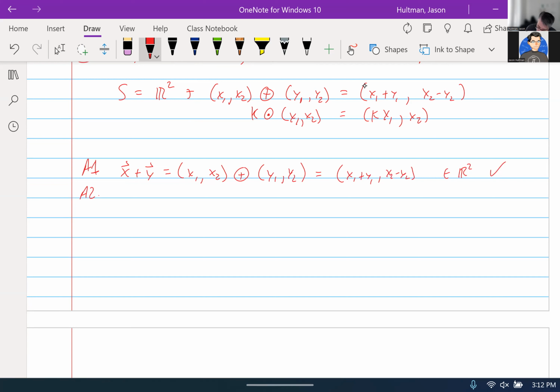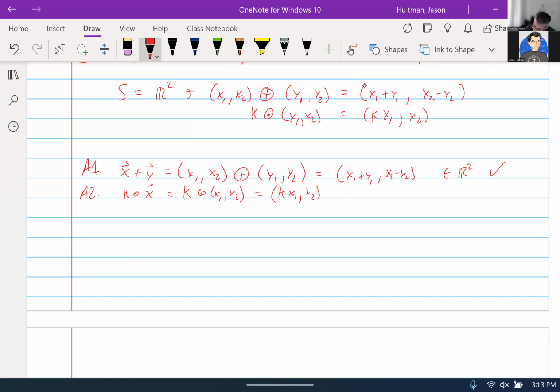A2 is very similar. It's k circle dot x vector, which is equal to k circle dot x1, x2, which is equal to kx1, x2.